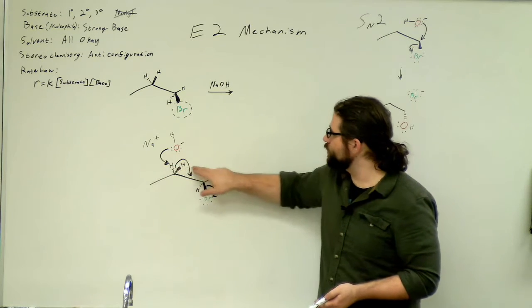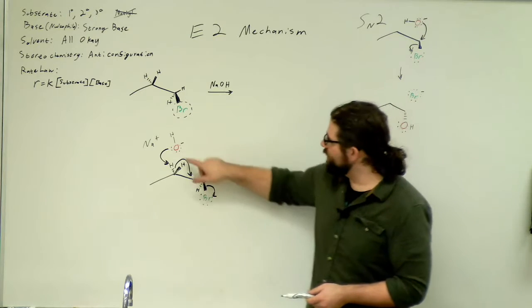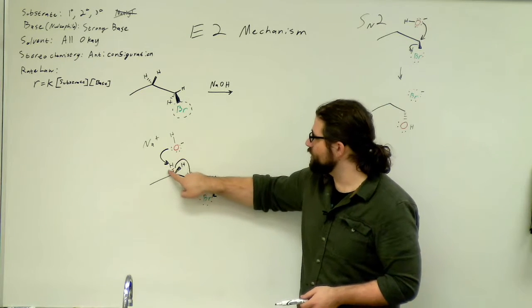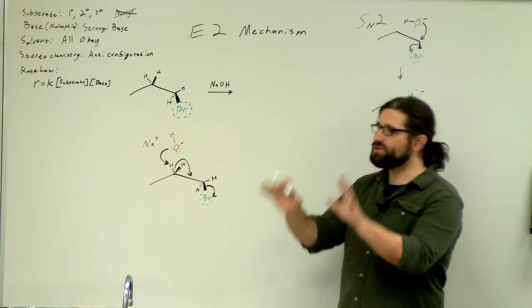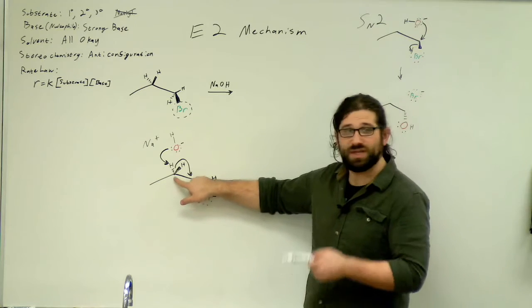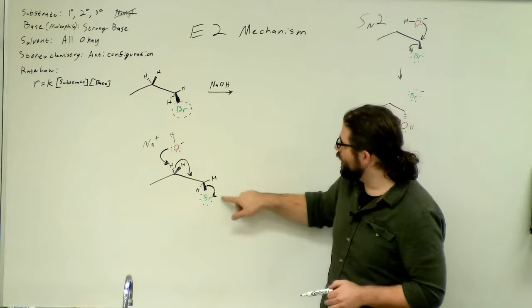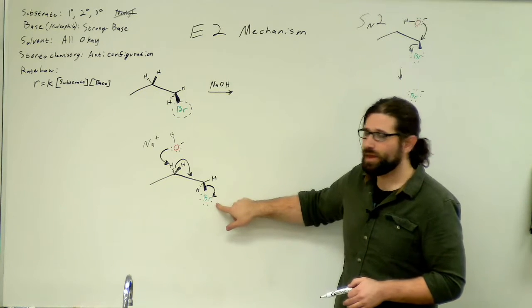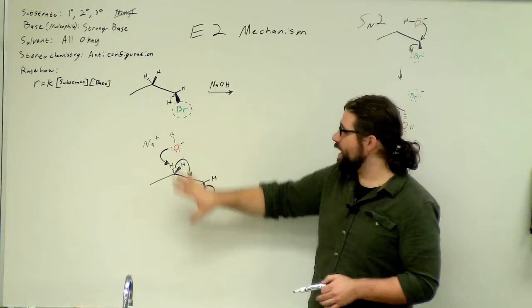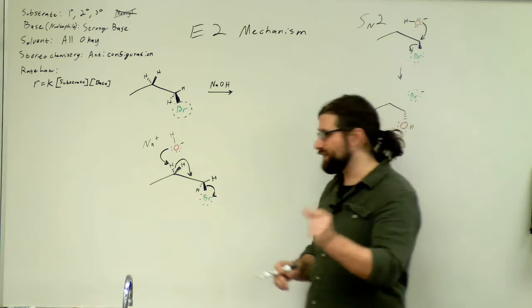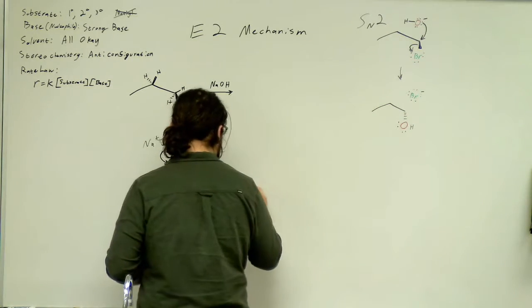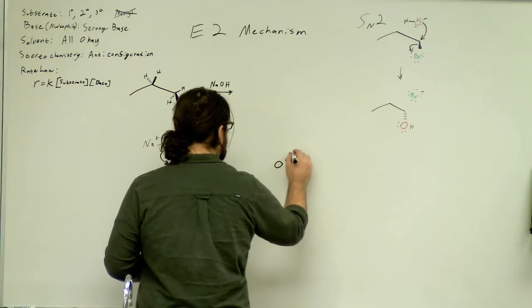So all of this has to occur at the same time. This oxygen attacks this hydrogen. That hydrogen gives up its bond to this carbon, which then tries to make a bond with this carbon. This carbon says, cool, I can let go of the bromine. And once that all happens, all at once, we get a water floating away.